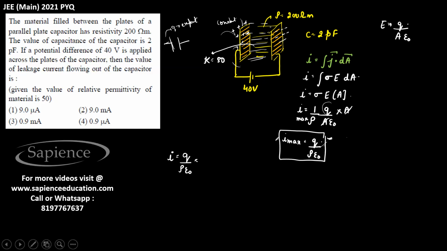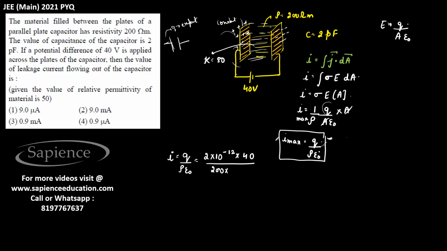Q is a charge, so charge is equal to CV for a capacitor. So 2 pico means 10 raised to the power minus 12. Q is equal to 2 into 10 raised to the power minus 12 into voltage 40, and the resistivity for this material is given as 200 ohm meter, and it's all in SI, so no problem.